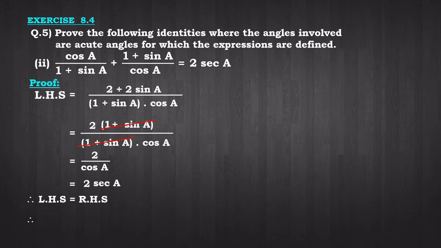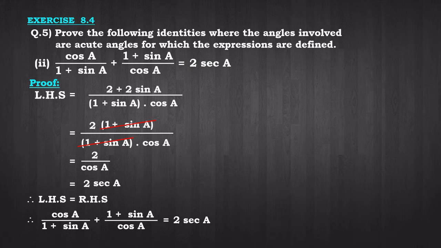Hence, cosine A divided by (1 plus sine A) plus (1 plus sine A) divided by cosine A is equal to 2 secant A. Thus, the identity is proved.